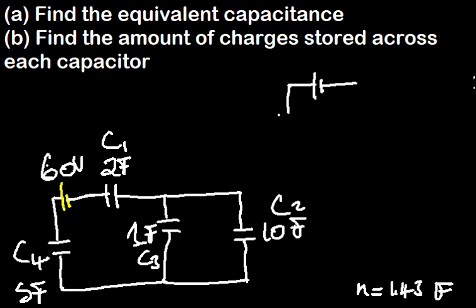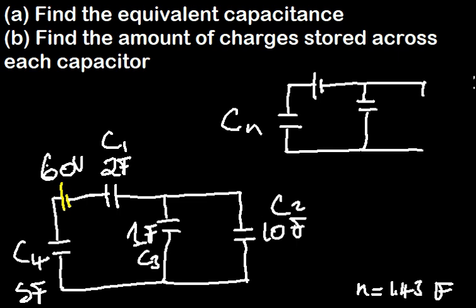The potential difference is here, and the circuit is reduced to this, with Cn. Now we have it as this, where this is 60 volts, this is 1 farad, this is 10, and this is 1.43.